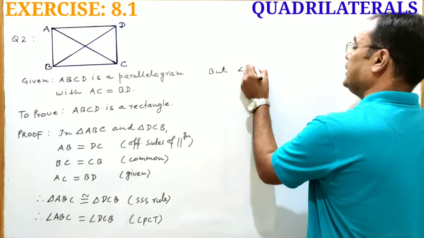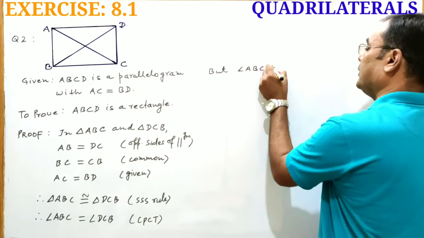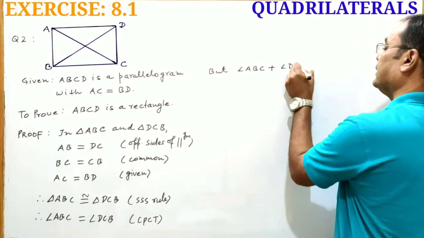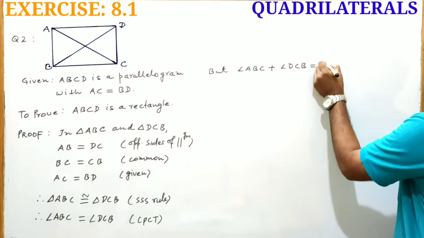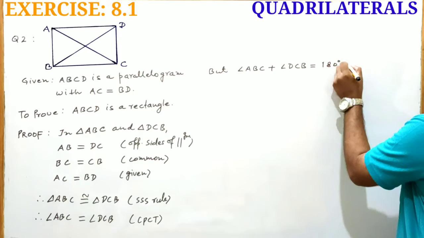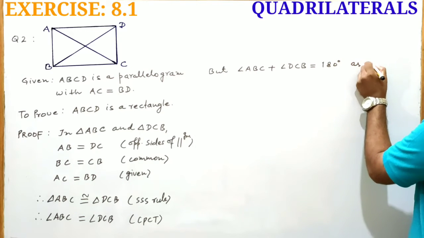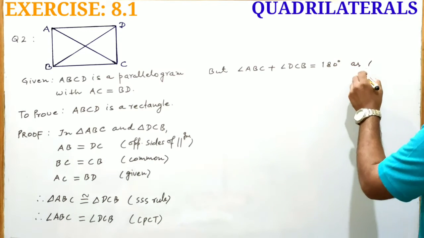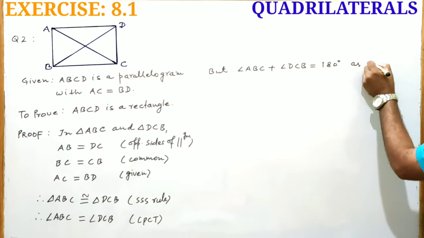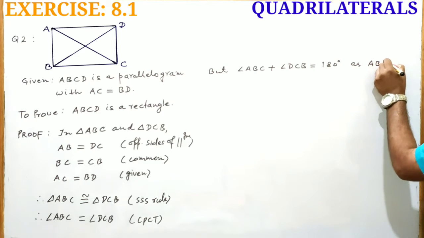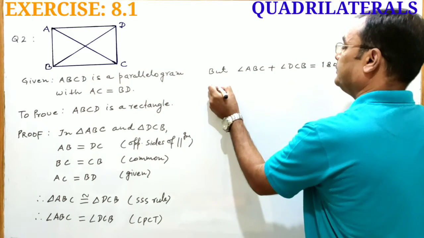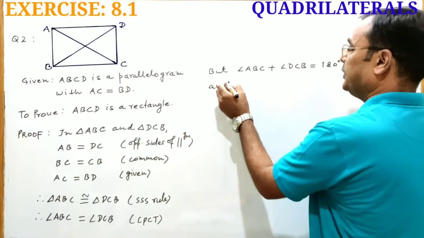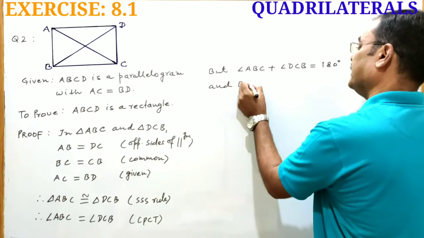angle ABC plus angle DCB is equal to 180 degrees, because AB is parallel to DC and BC is transversal.